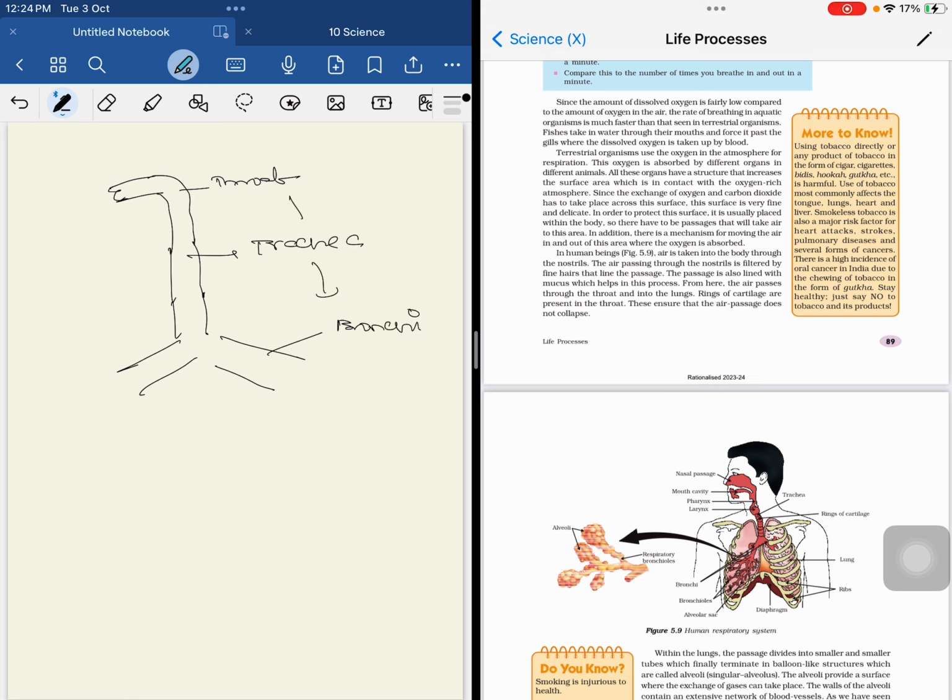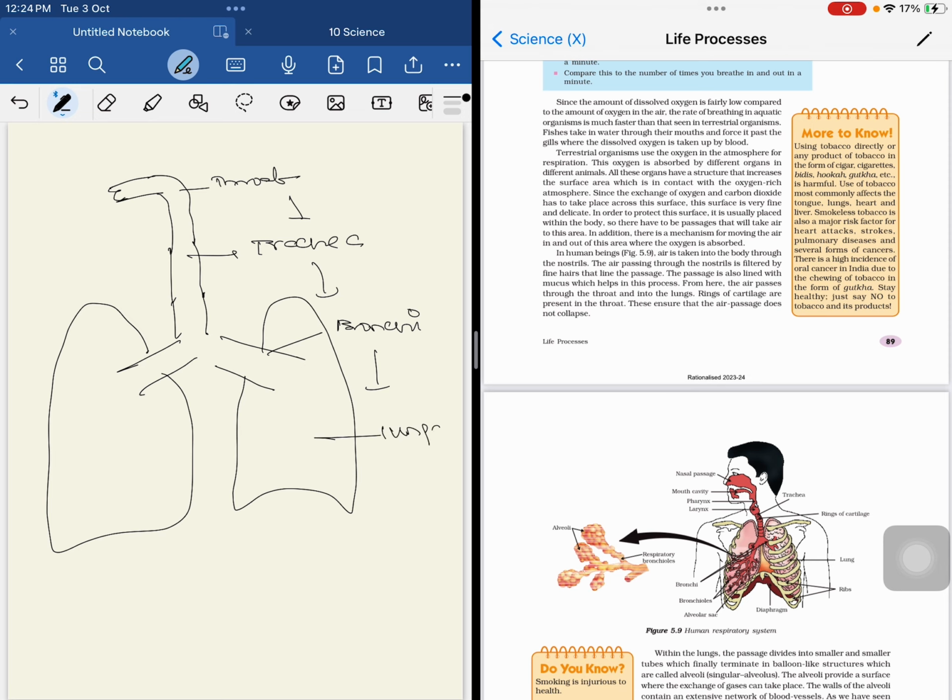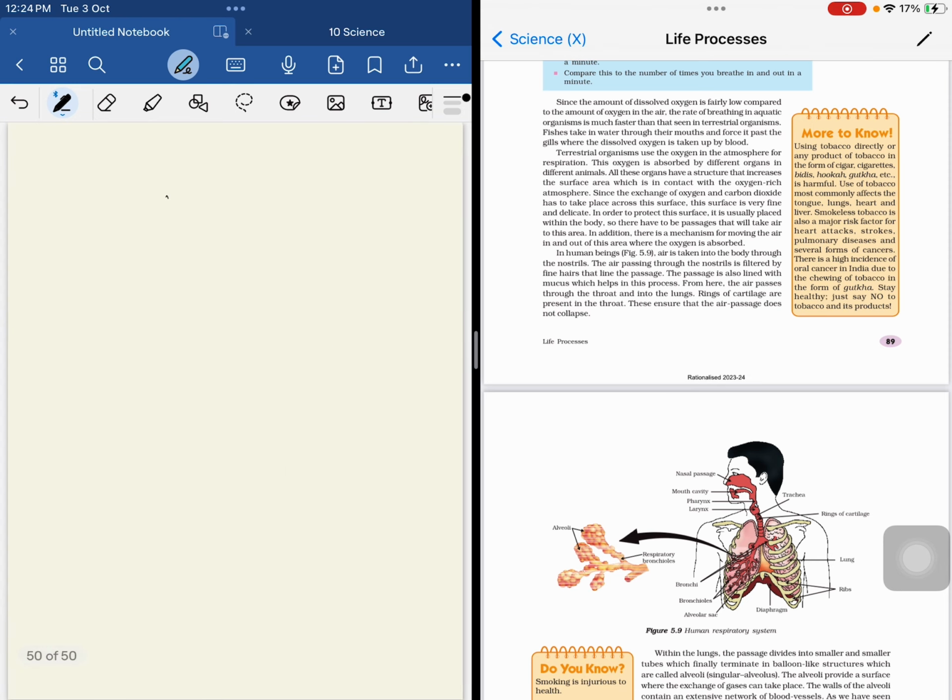From the bronchi, it is taken into the lungs. In the lungs, there are small, minute, tiny structures called alveoli. There are 1 to 2 million alveoli in each lung.